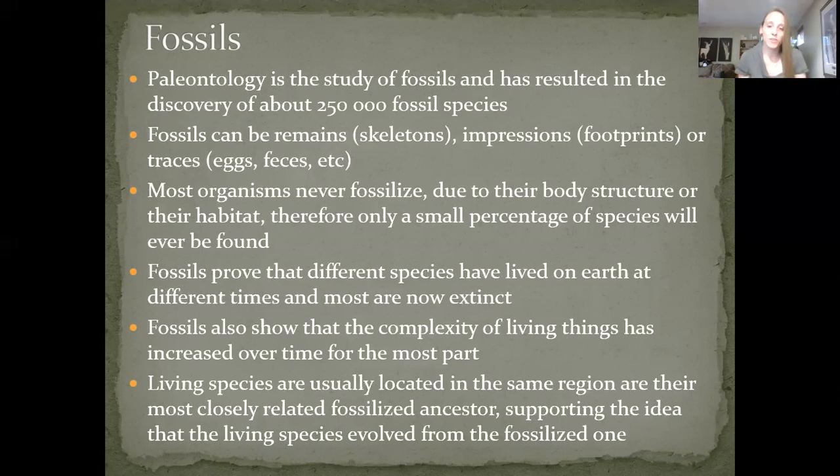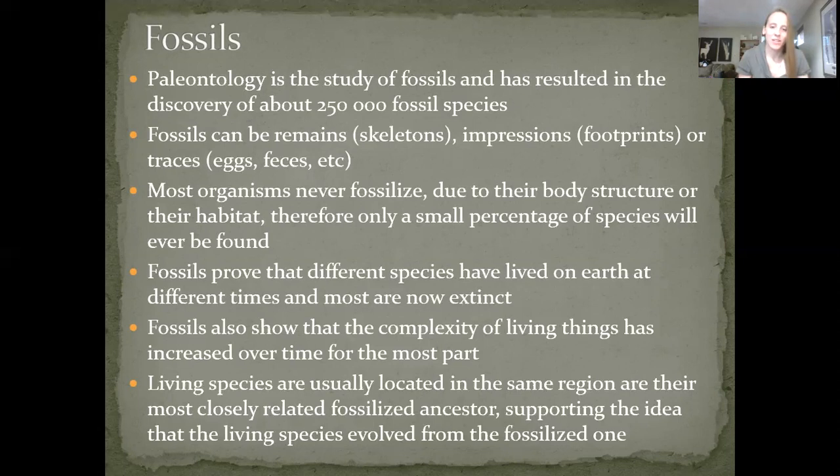But fossils do prove that we have had a lot of different species that have lived here on Earth at different times. Most of them are now extinct. And it also shows the complexity of living things has increased over time. So the further back we go into the fossil record, the more simplistic those organisms are.